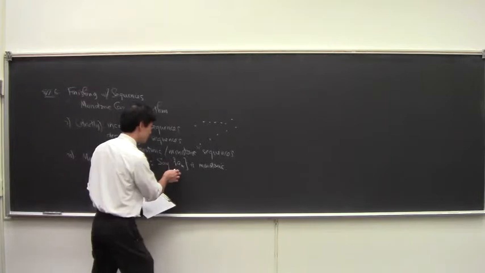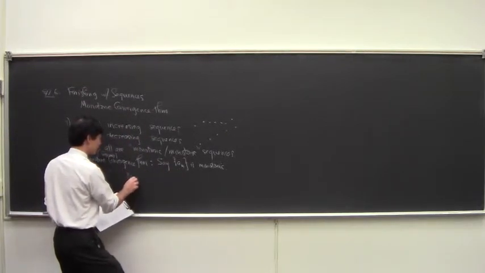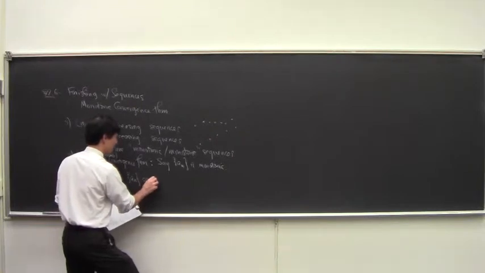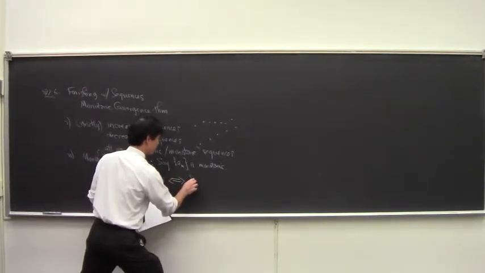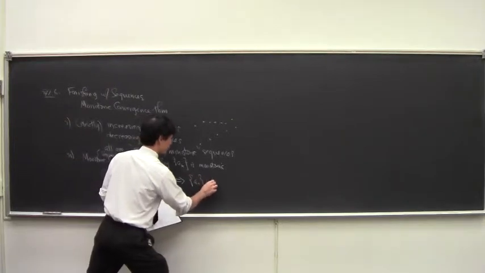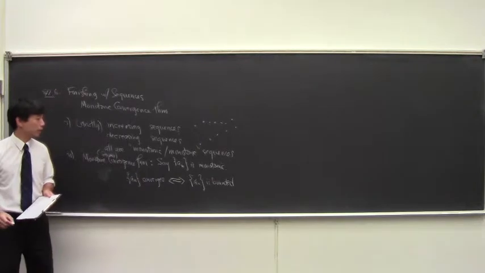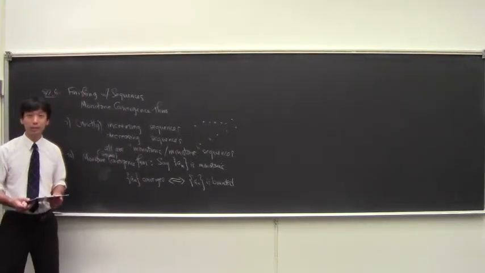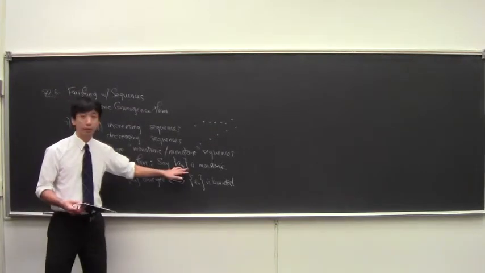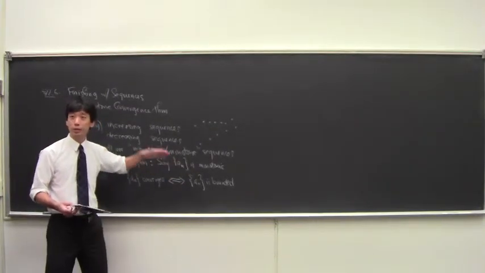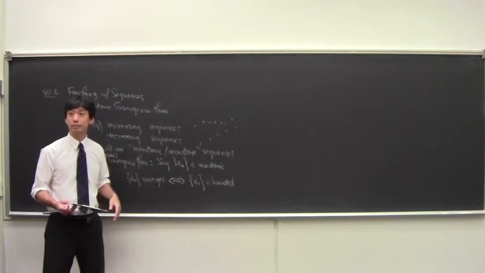Suppose the sequence is monotonic. Then the sequence converges if and only if the sequence is bounded. That is, convergence and boundedness turn out to be equivalent conditions. If you have a monotonic sequence and you can show that it's bounded, then you know it's going to converge.